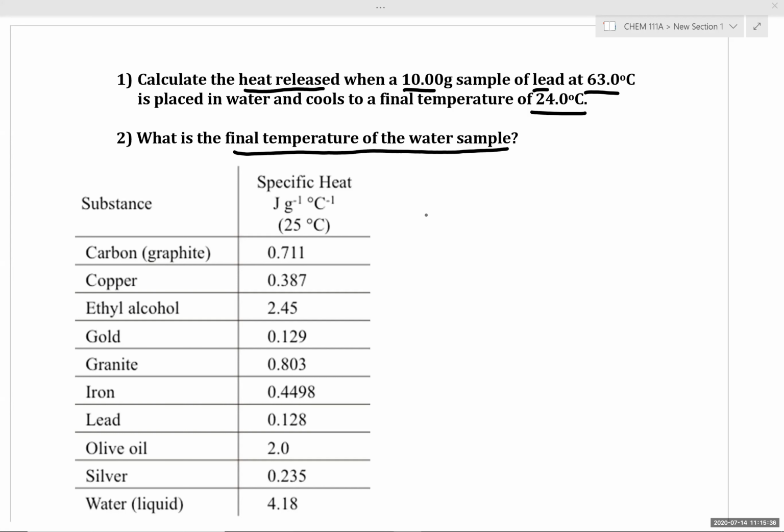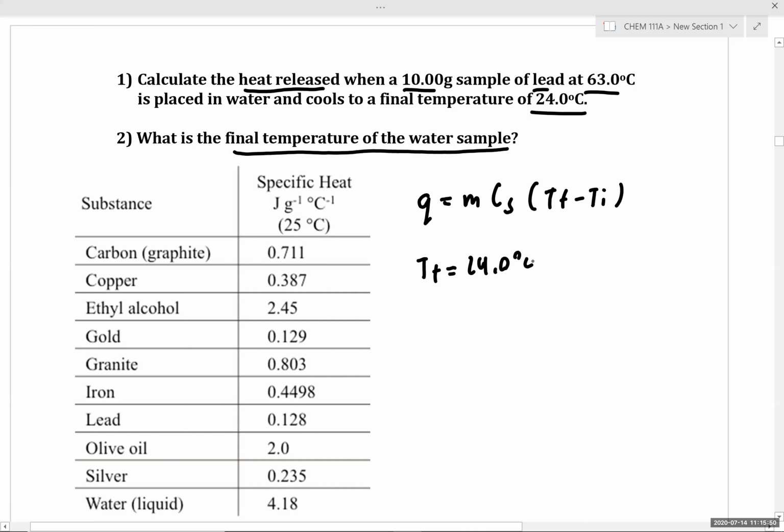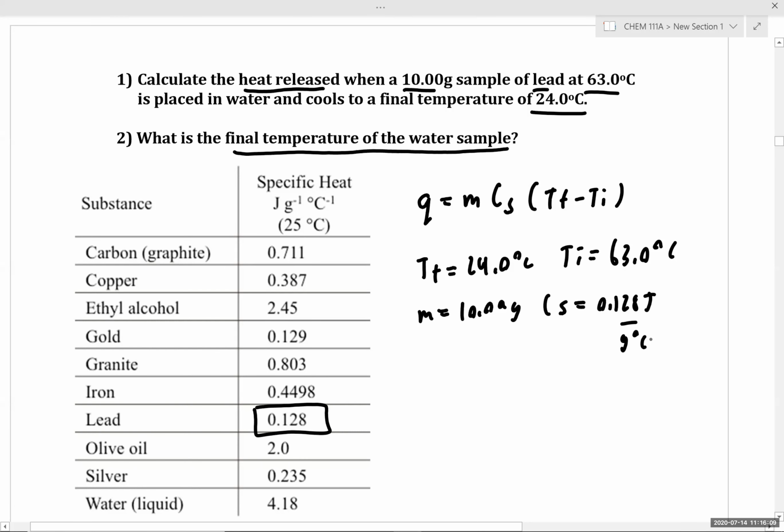Okay, so Q is equal to m Cs times T final minus T initial. Our T final is 24.0 degrees Celsius. Our T initial is 63.0 degrees Celsius. Our mass is 10.00 grams. And our specific heat, well, we can read that off from the table as 0.128 joule per gram degree Celsius.